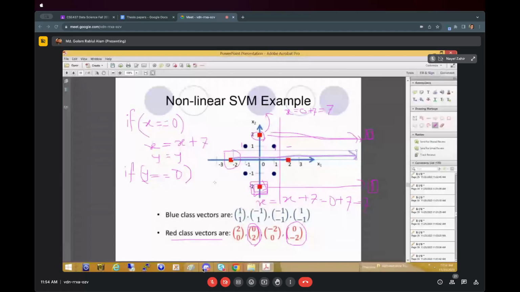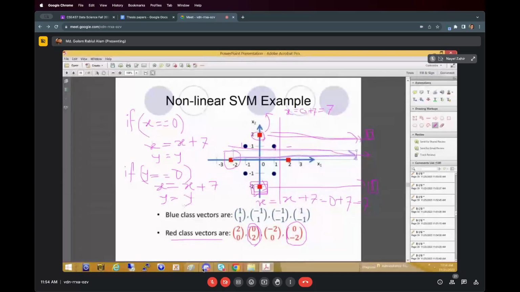We have to change also the x, that means we have to take it to this position. If we apply the same equation, x equals x plus 7, and no need to change the y, so y equals y.